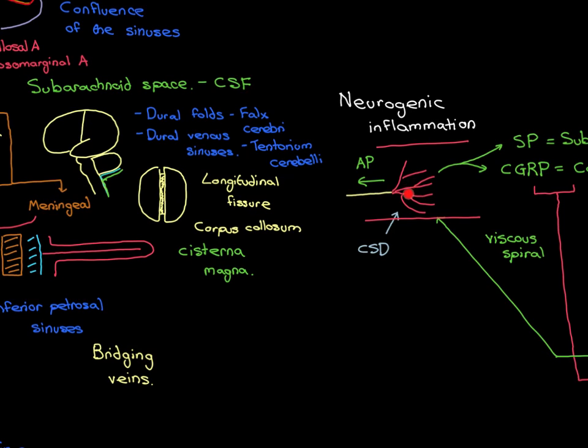It will be activating nocicensors, which, remember, are the names for the actual receptors in the membrane of the nociceptor. It will be activating nocicensors in the nociceptor here, and therefore will be causing slight little depolarizations all over this nociceptor tree here, but they don't sum to a big enough depolarization at the beginning of the axon here to actually cause an action potential. So usually you do not get pain when your heart beats.